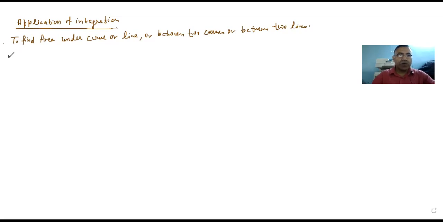We will do the question number 1, where area between the two lines is involved. We will do the question where area between line and curve is involved.